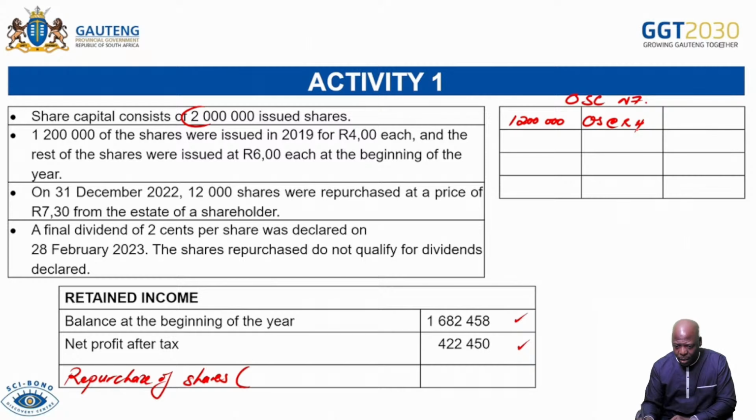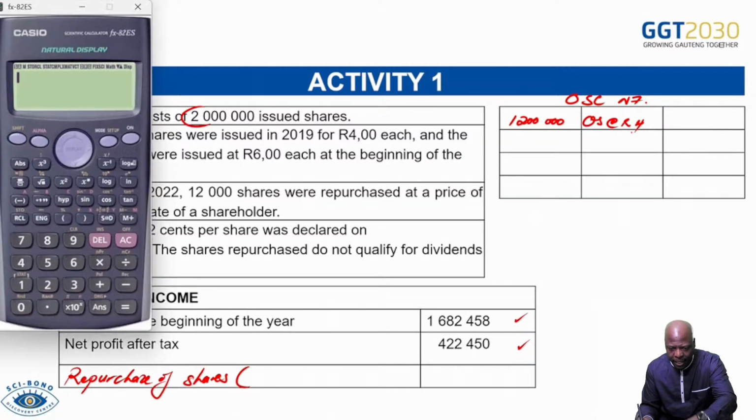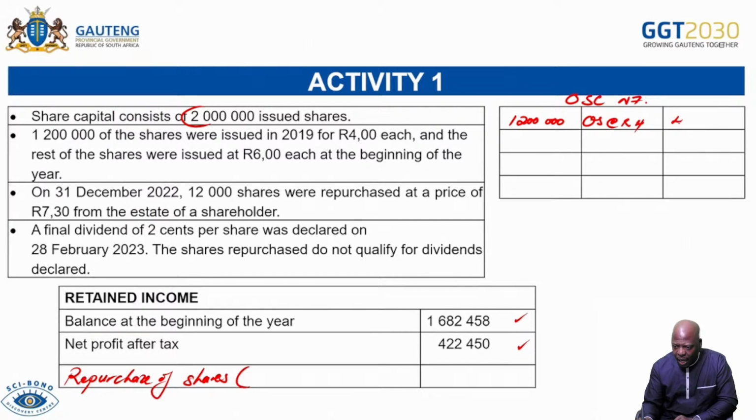So I take my 1.2 million, and each share is at 4 rand. That is going to give me 4.8 million. So I have my 4.8 million over there.